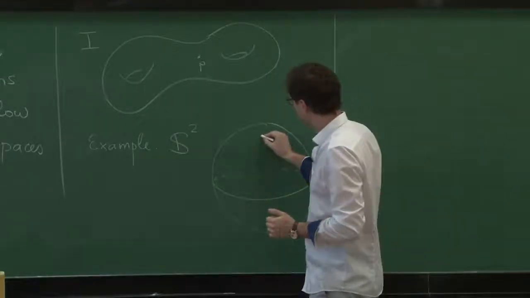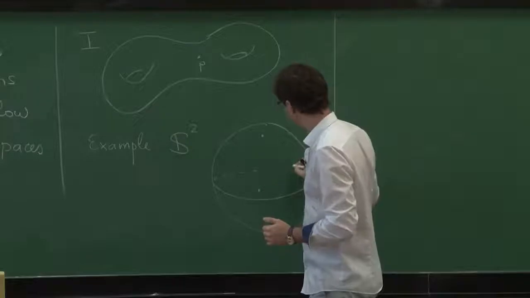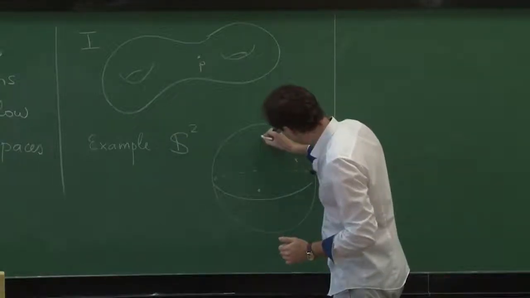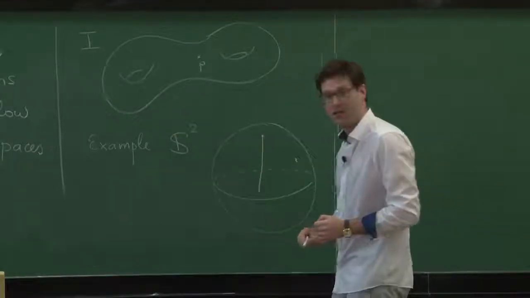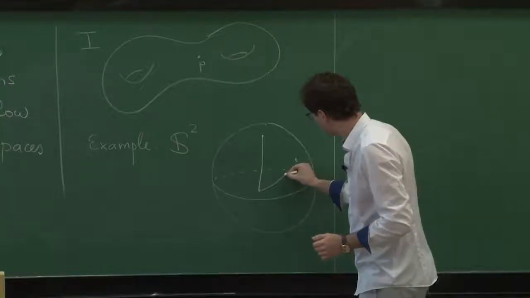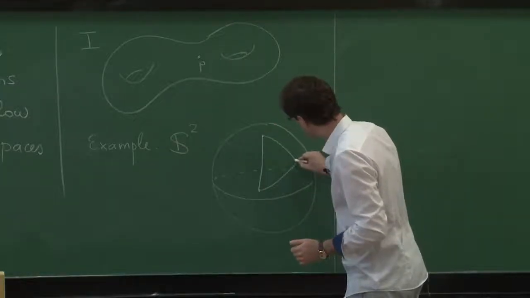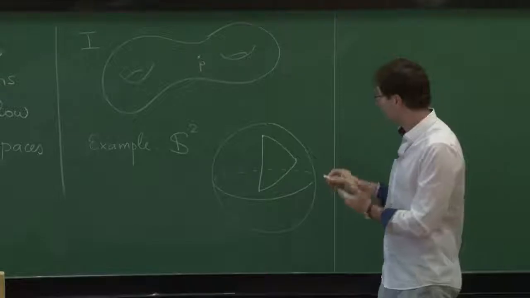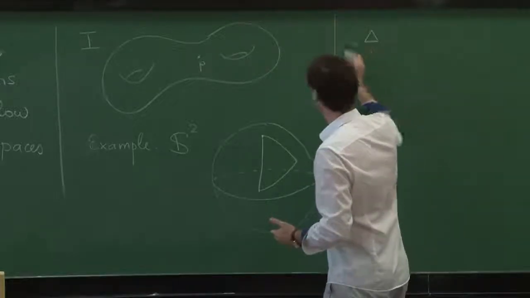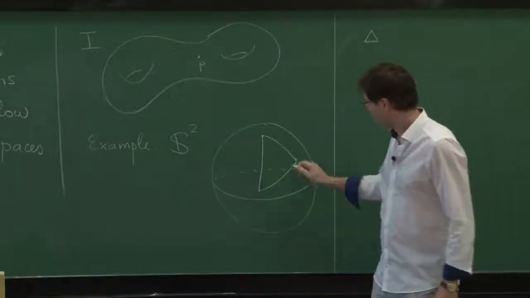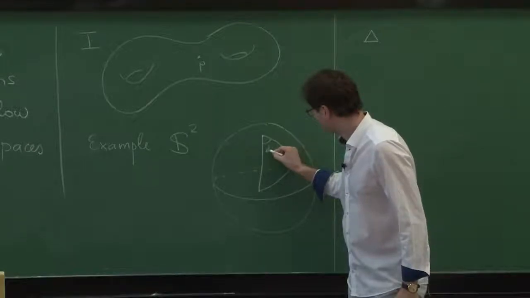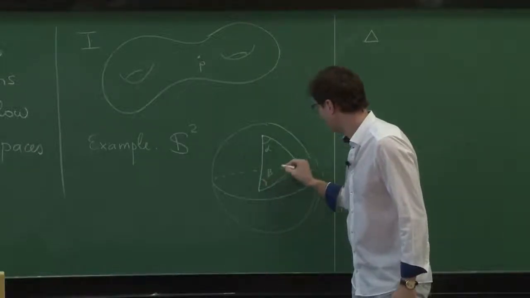I could take 3 points and take the shortest connecting paths between each of these 3 points. This will define a triangle where I have the angles alpha, beta, and gamma.